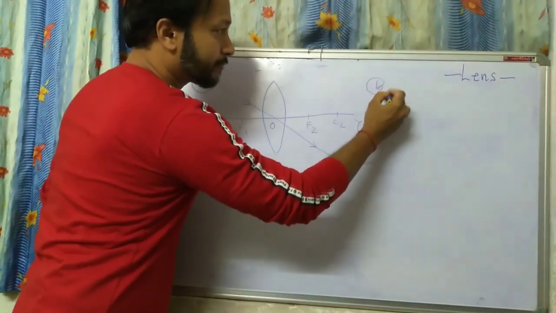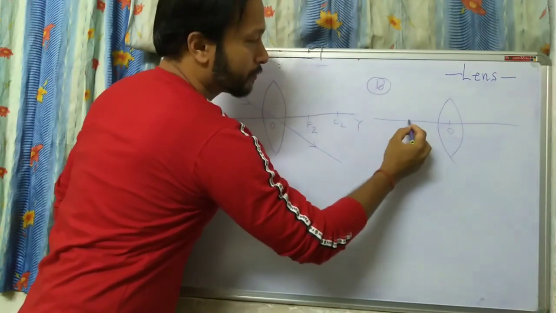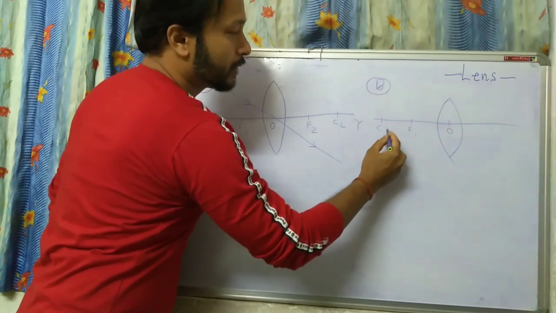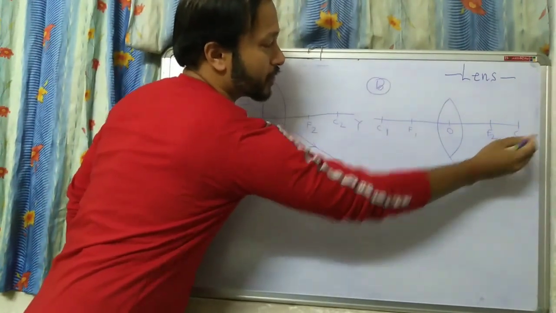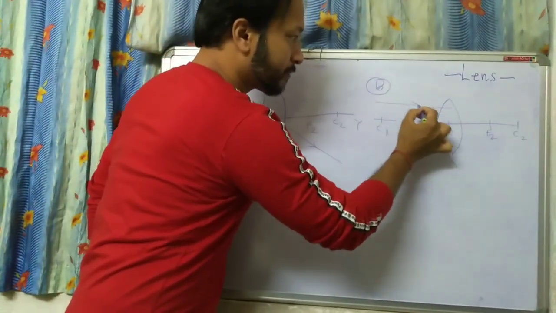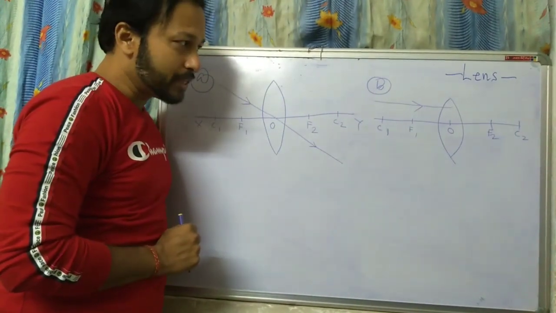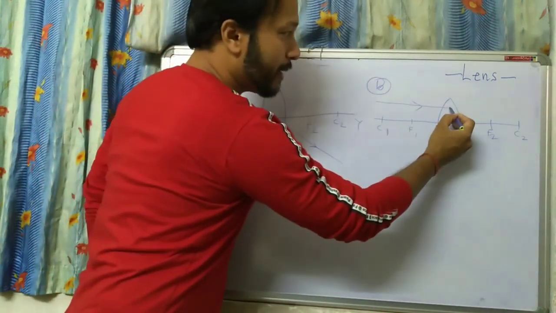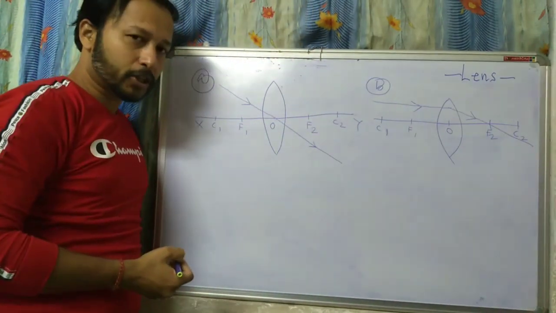Number B. Again, center of curvature, focus point, another focus point, center of curvature. Now, I told you before, if a ray goes parallel to the principal axis, then after crossing the convex lens, it will pass through the focus point. Got it?